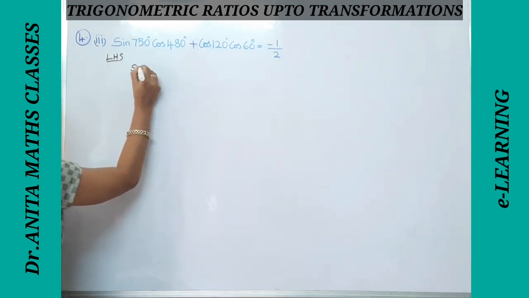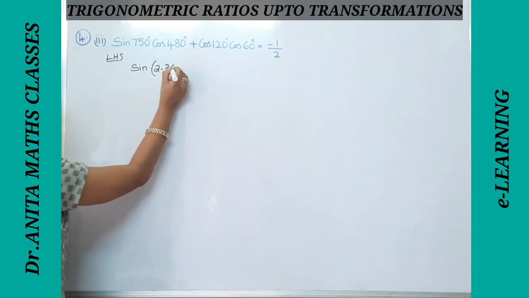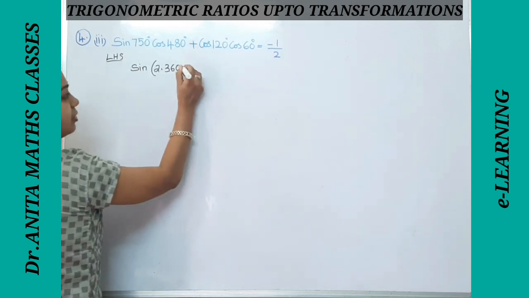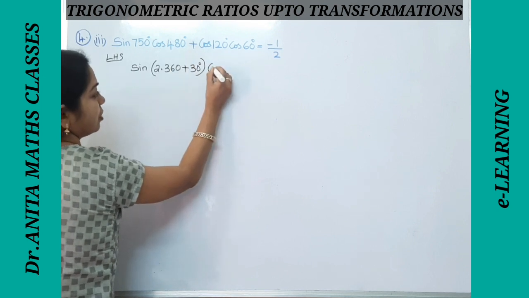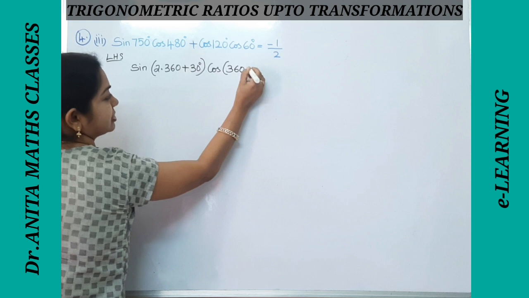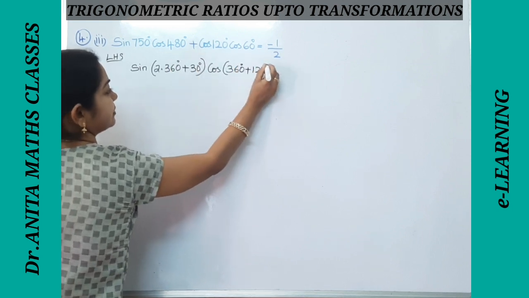Here sin 750, we can write this as 2 into 360, that is 720, plus how much remains? 30 degrees. So that comes to 750. Now cos 480, this also we write as 360 plus 120 degrees.